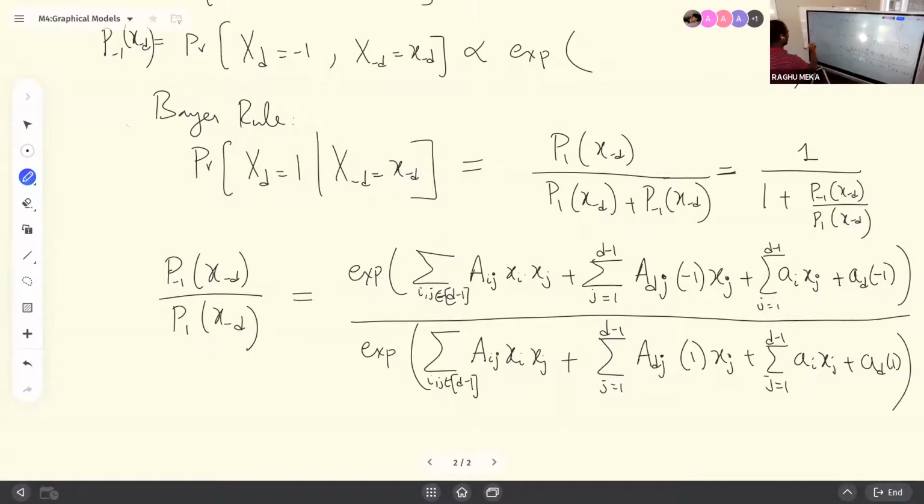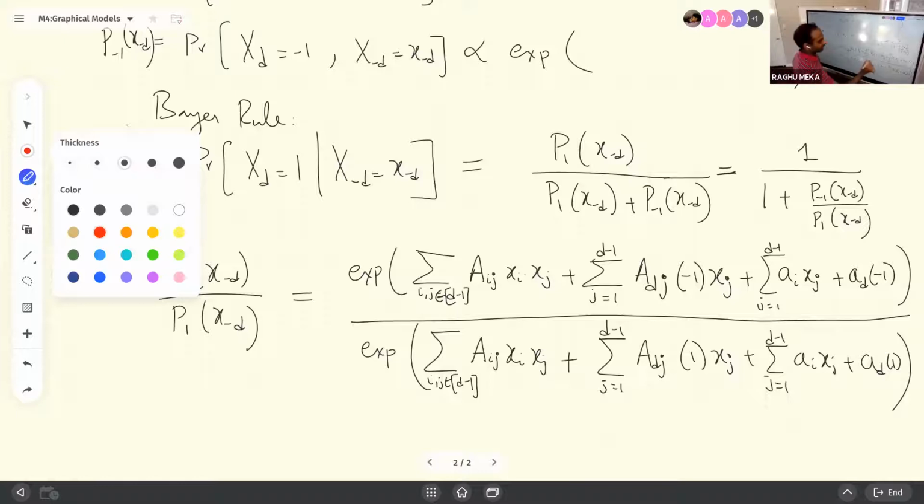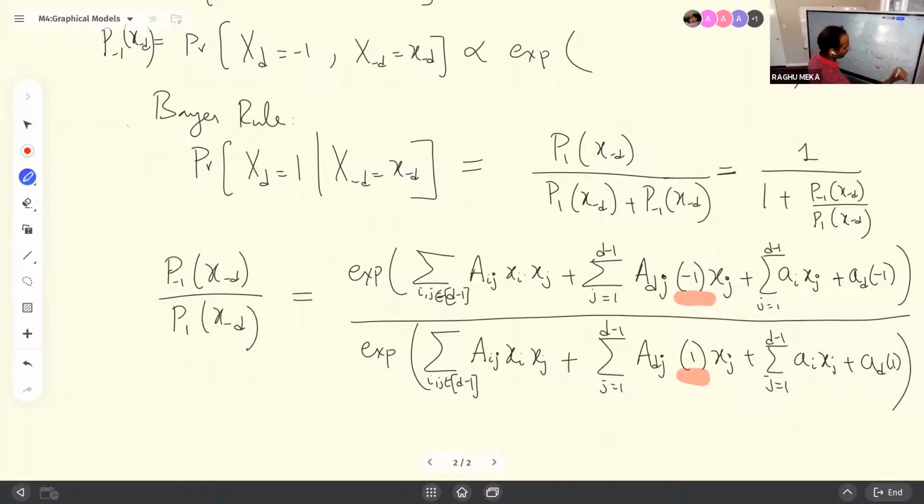Okay, so let me do something here. The only changes are these guys. Between these two probabilities, whatever I'm plugging in there, the only thing that's changing is the assignment to the dth coordinate, right?